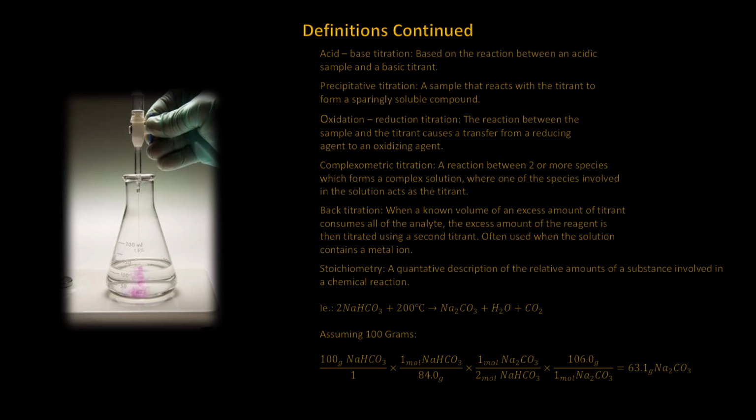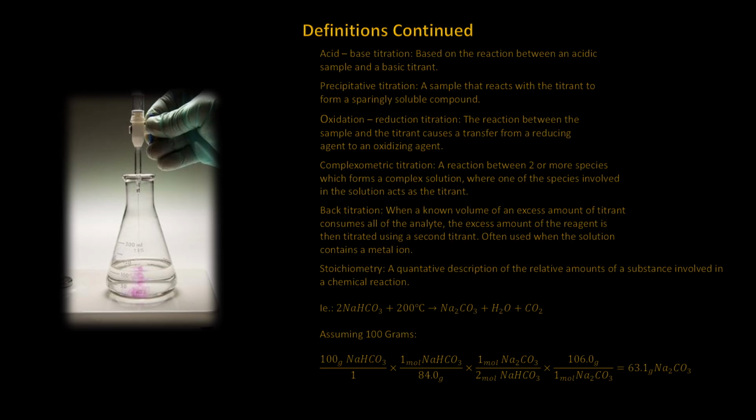Assuming a weighed amount of 100 grams, heated for a couple of hours, divided by the molar mass of the sodium hydrogen carbonate. This is multiplied by the 1 mole of sodium carbonate, which is divided by the 2 moles of sodium hydrogen carbonate. It is then multiplied by the molar weight of the sodium carbonate, which should give a calculated yield of 63.1 grams of sodium carbonate.